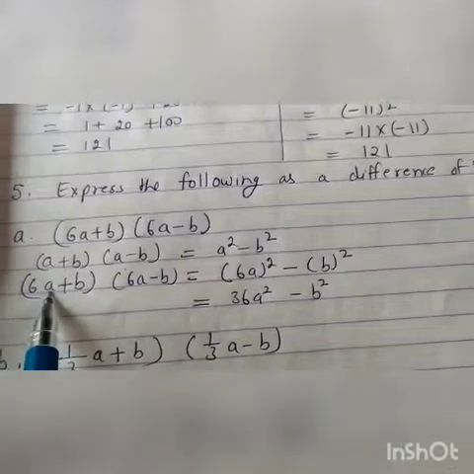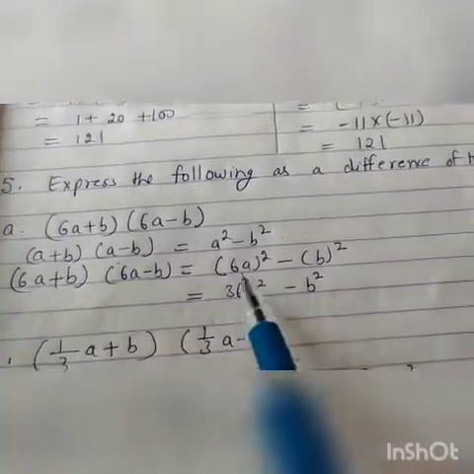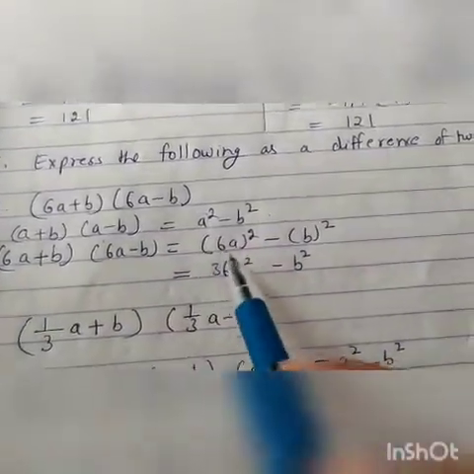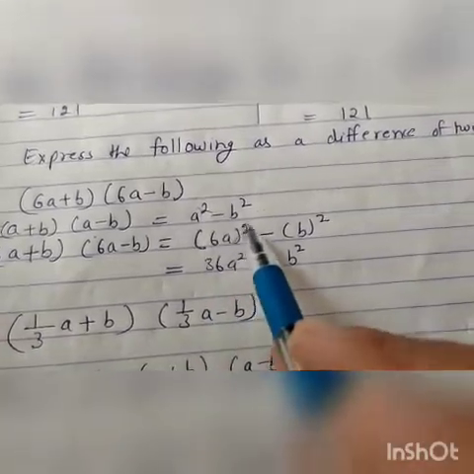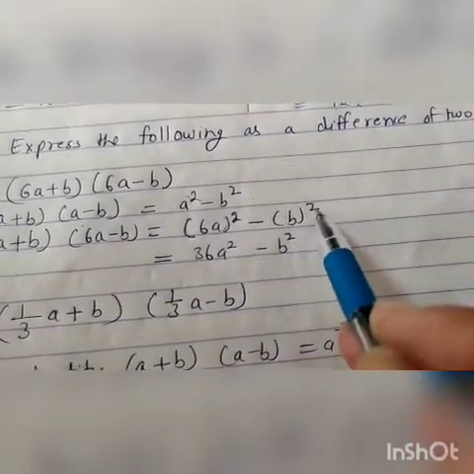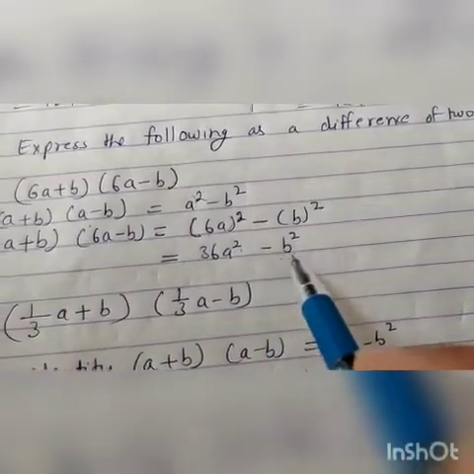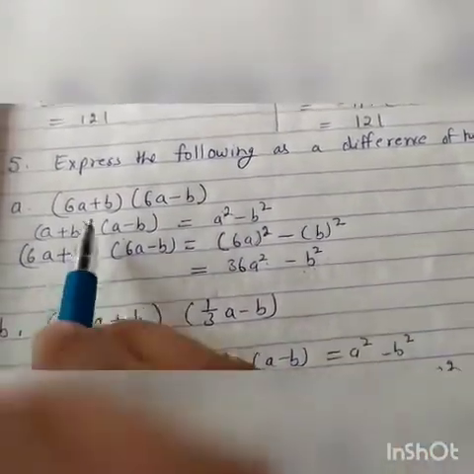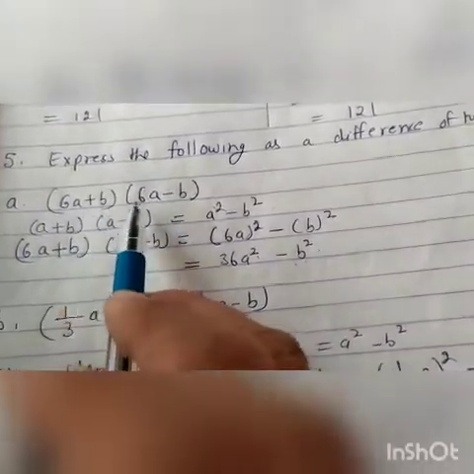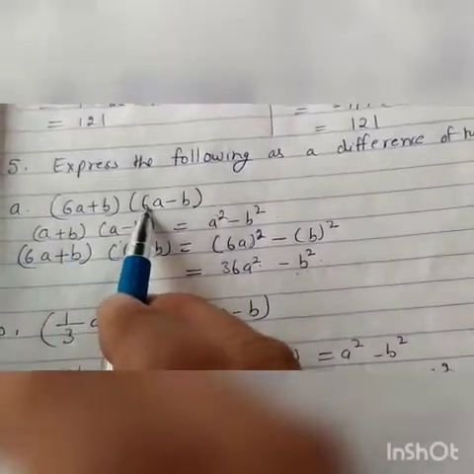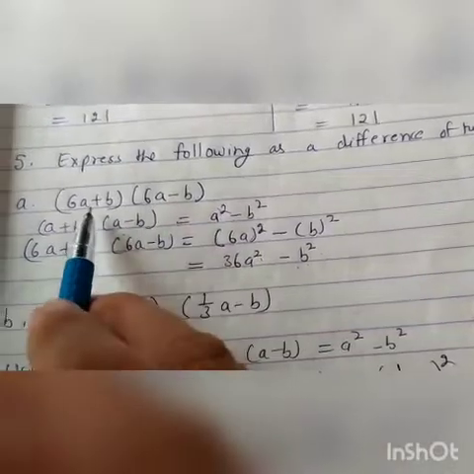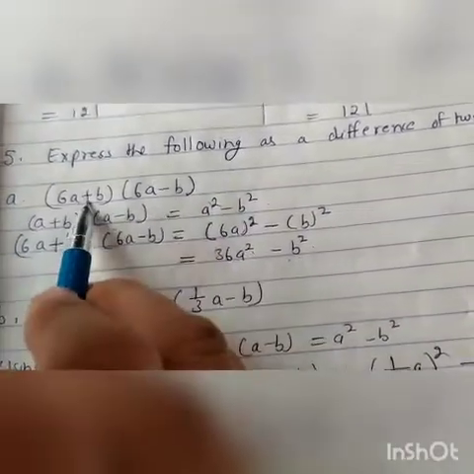A is equal to 6a. Value of b is b. So in place of a we will write 6a. It will become 6a whole square minus b whole square. So the square of 6a is 36a square minus b square. Here there are two brackets. We have to multiply two expressions. Both are binomials with the same terms but opposite sign.